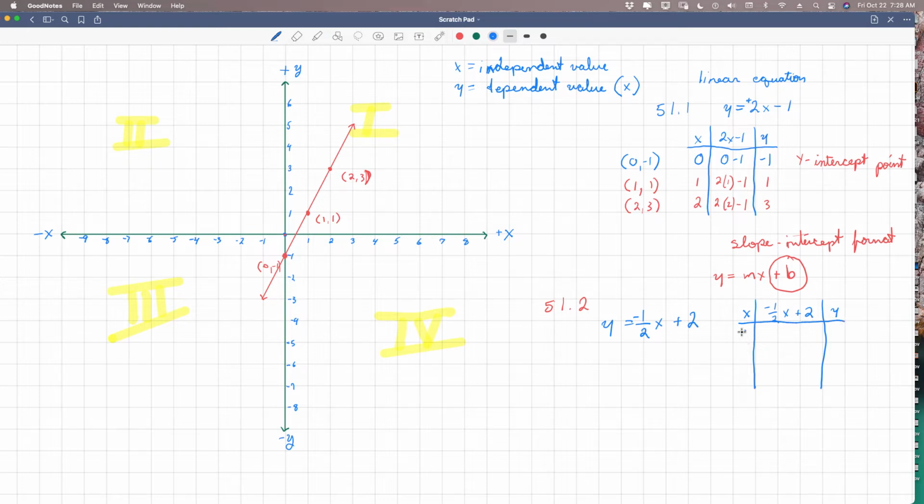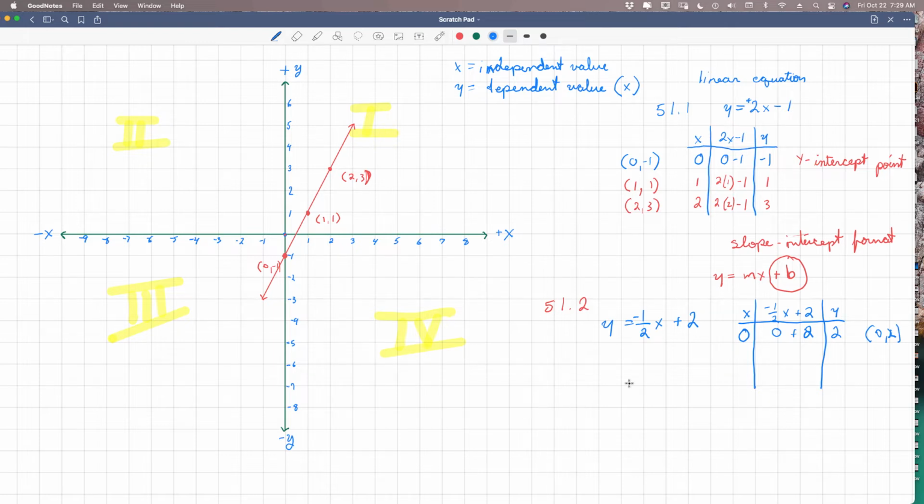Now, let's pick 0 for the first point, just because it's easy, and we know that if we put 0 times this, it's going to be 0 plus 2. So y has to be 2. We didn't even have to really do any math. We could see, because it's this point right here, that y, when x is 0, is going to be this positive 2. So our first point is going to be 0, 2.